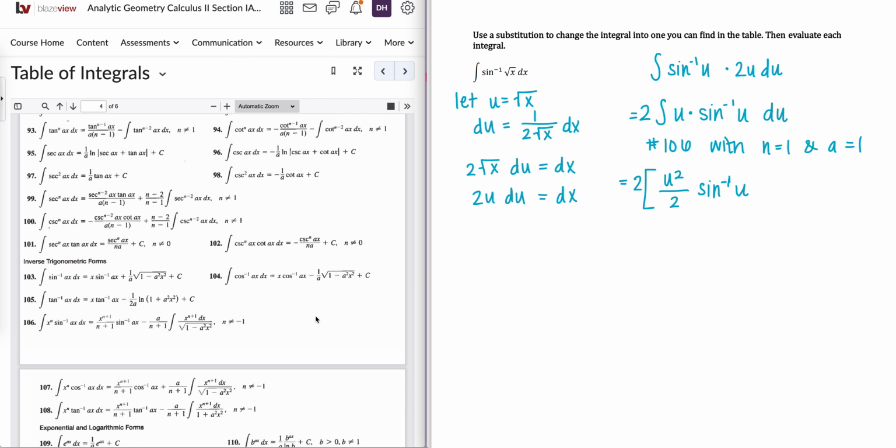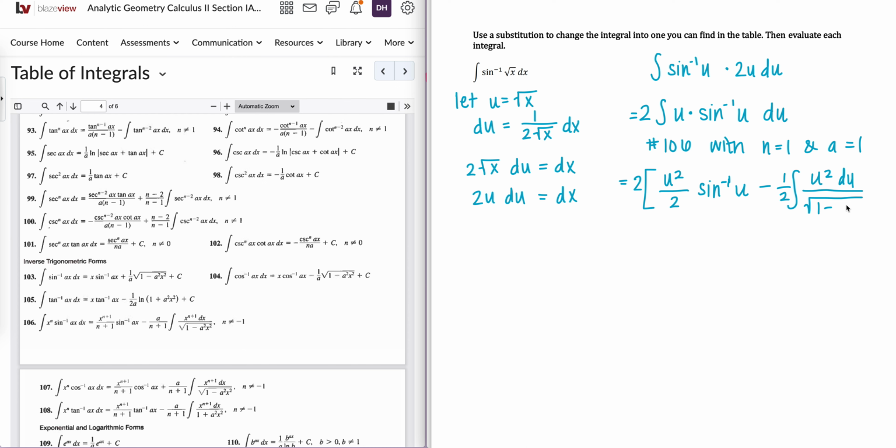So that's the first part done. Then we have minus a over n plus 1, so that's going to be 1/2. And then we're going to have to integrate x to the n plus 1, so that's going to be, in our case, u squared du over the square root of 1 minus a squared, which is also a 1, u squared.